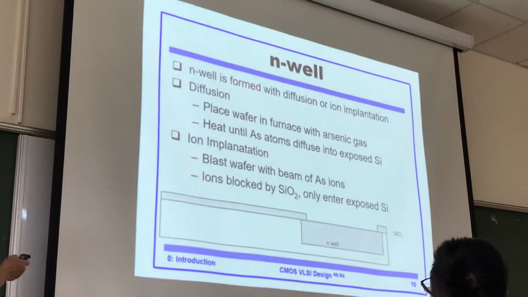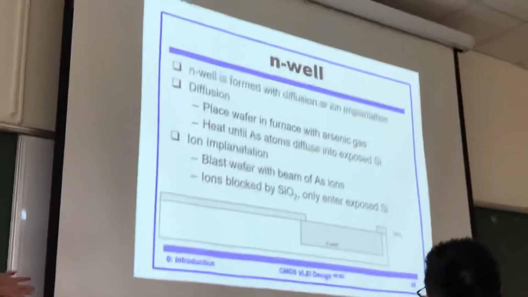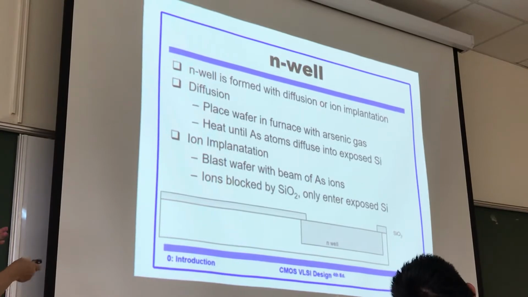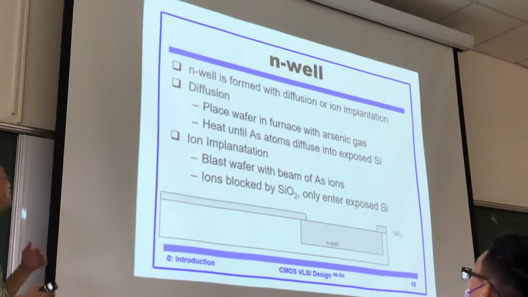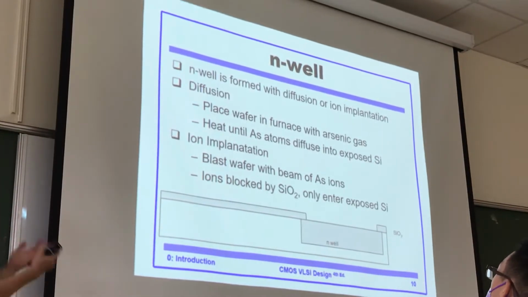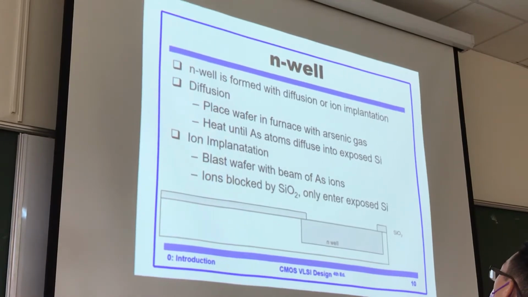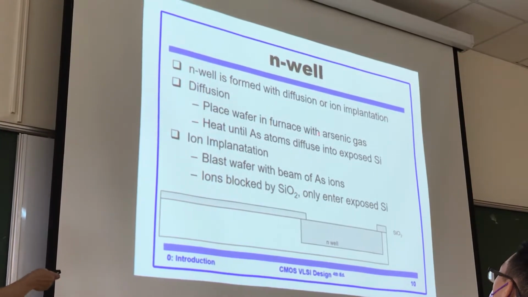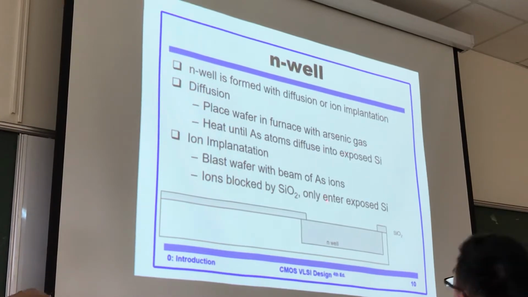The N-well is formed with diffusion or ion implantation. There are two approaches. One is diffusion. Put the silicon in a furnace, and then we can diffuse the element into the silicon wafer to form the N-well. We furnish the wafer with arsenic gas.